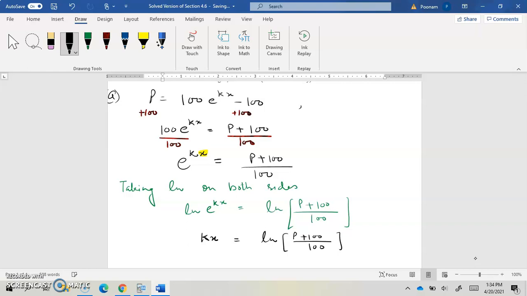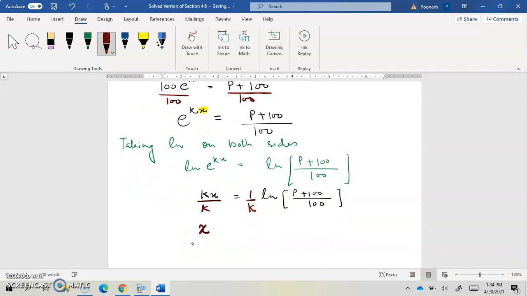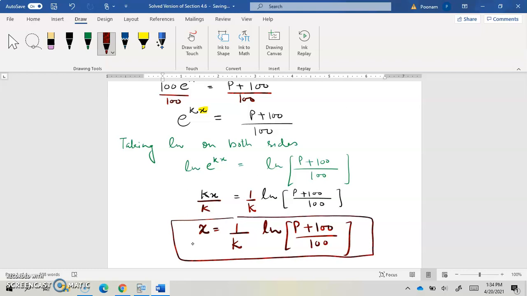We need to find x, so we are going to divide both sides by k. So we have x is equal to 1 by k natural log of (P plus 100) divided by 100. That would be your answer to the problem.